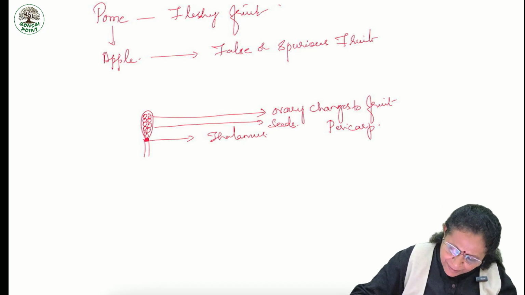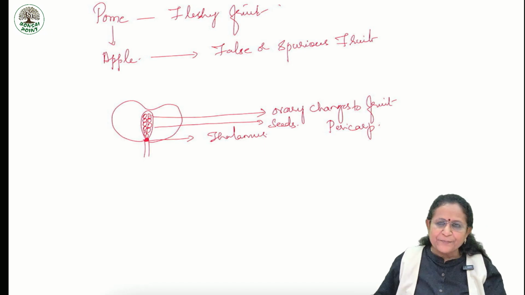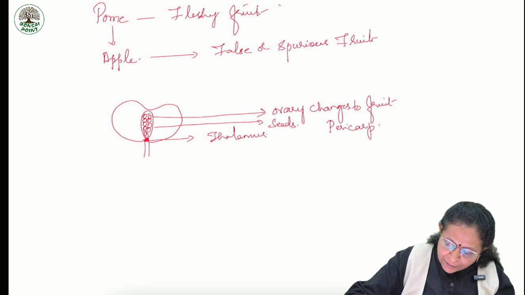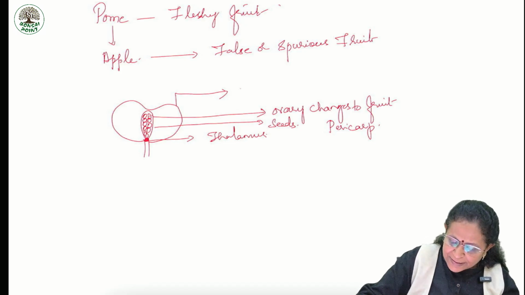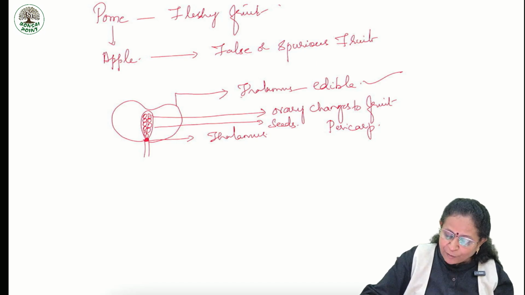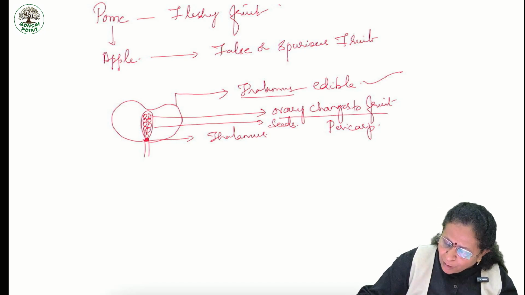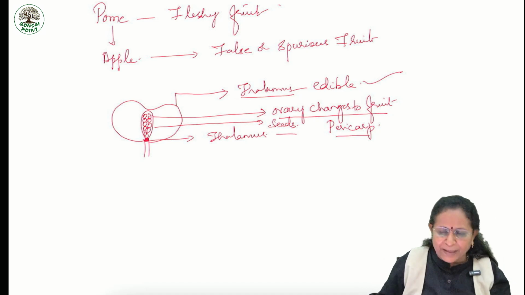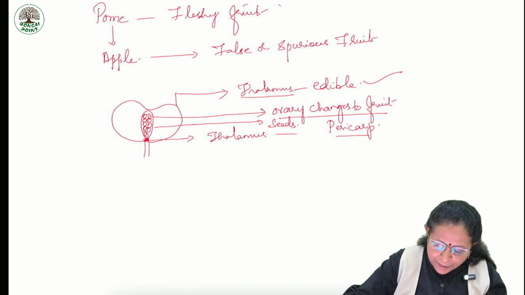The thalamus overgrows the ovary. So, this is the thalamus which forms the edible portion. We are eating the false fruit because it is developing from thalamus, and we are throwing off the true fruit, that is pericarp.